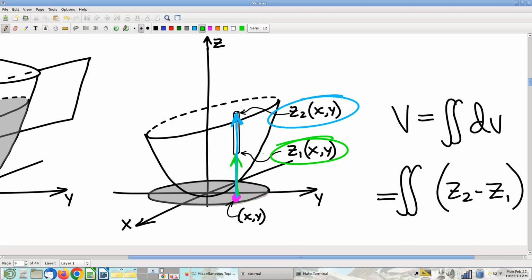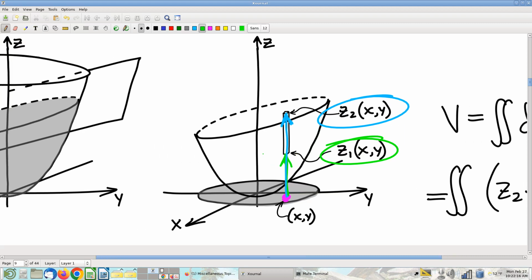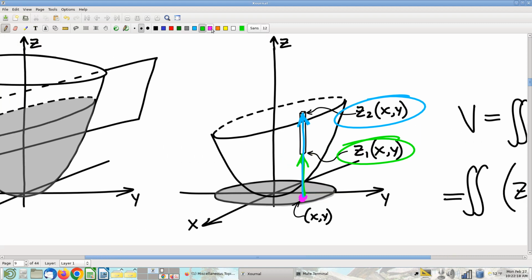Right? On the other hand, if I were to come way over here somewhere, outside of the domain I'm interested in, the green one is actually higher and the blue one is lower.